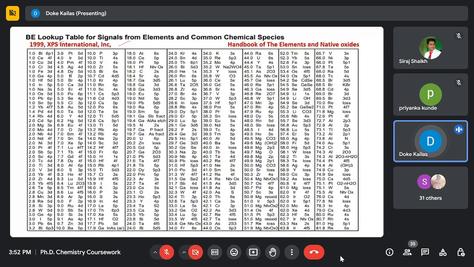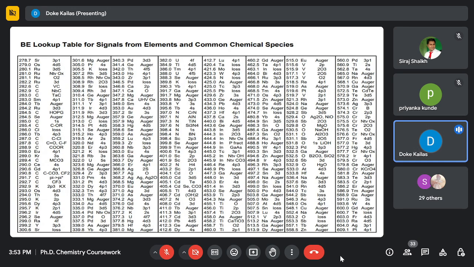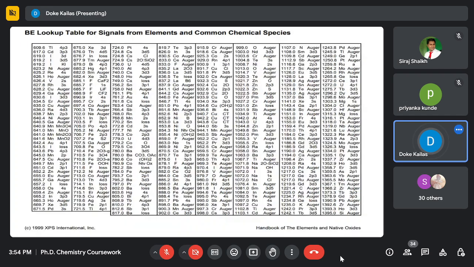The third page of the handbook goes from 278.7 to 609.1 electron volts, and each binding energy has different constituents or different electrons, which is mentioned in the third column. The last, fourth page starts with 609 electron volts and ends close to the aluminum X-ray energy, 1395 electron volts.